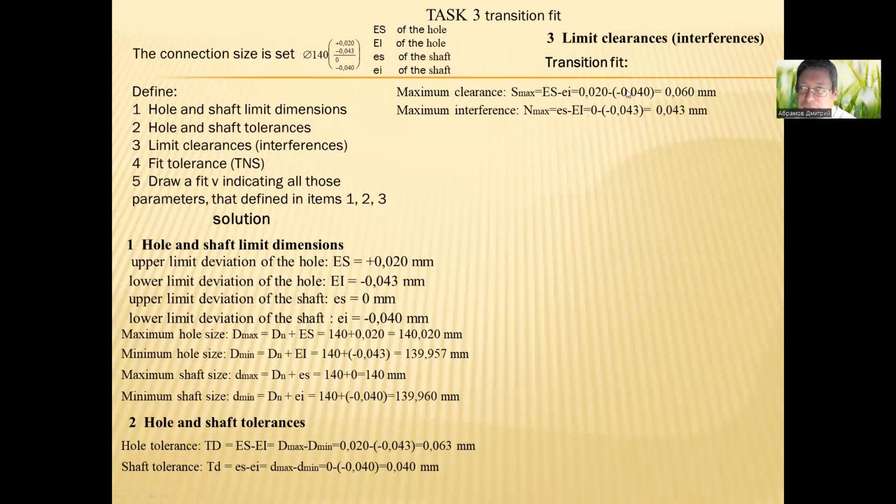When we calculate this formula, we will have 0.06 millimeters. Maximum interference, n maximum, is equal to the upper limit deviation of the shaft minus the lower limit deviation of the hole. Small es is equal to 0, big EI minus 0.043. And we have 0.043 millimeters.